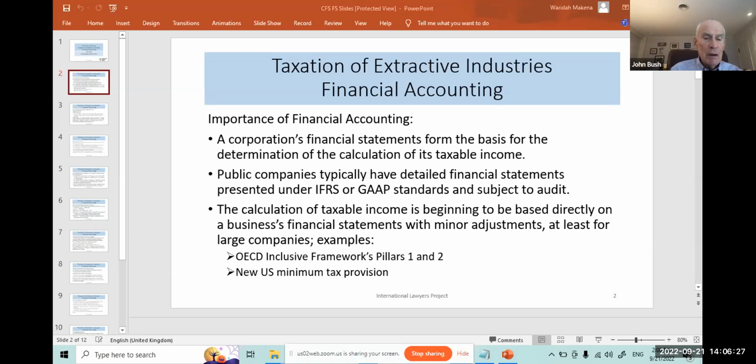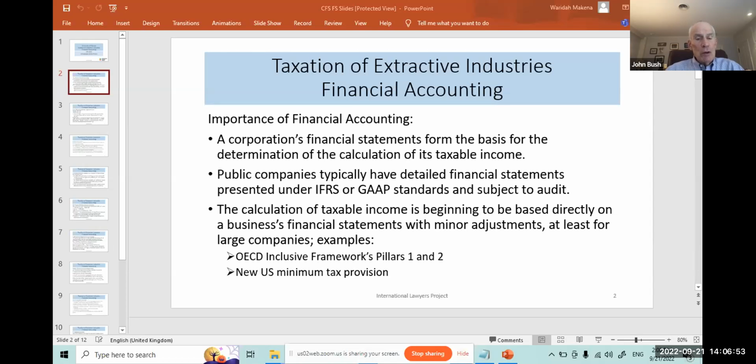Recently, the OECD has begun to look at financial statements as the actual basis for taxation. The proposals do make some adjustments to get to the taxable income amounts, but the basic reference point are the financial statements themselves.